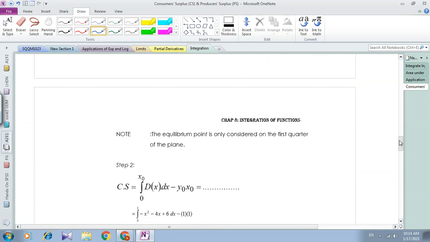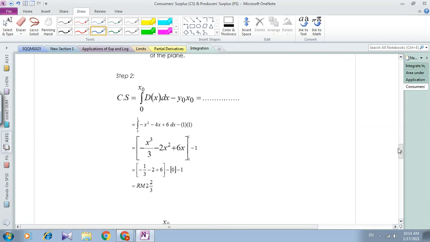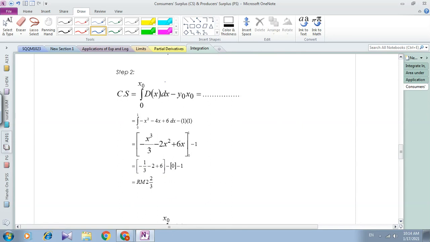Then we can proceed to calculate the consumer surplus. This is the formula. X naught is 1, because we have x naught comma y naught equals 1 comma 1. And this is the demand function minus x naught times y naught.